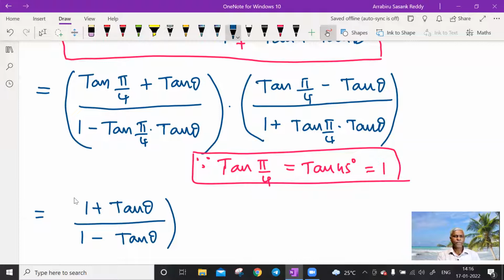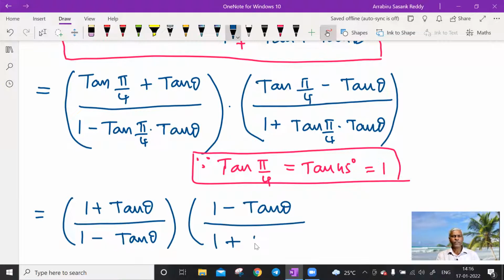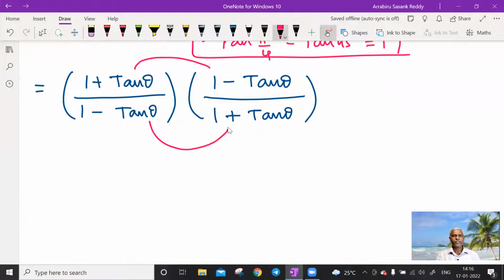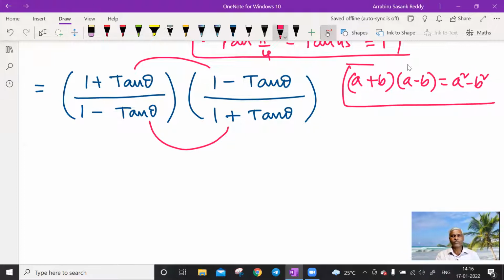The first factor becomes like this, and this is also 1 minus tan theta by 1 plus tan theta. Multiplying numerator and denominator, it is in the form of A plus B into A minus B, that is A square minus B square.